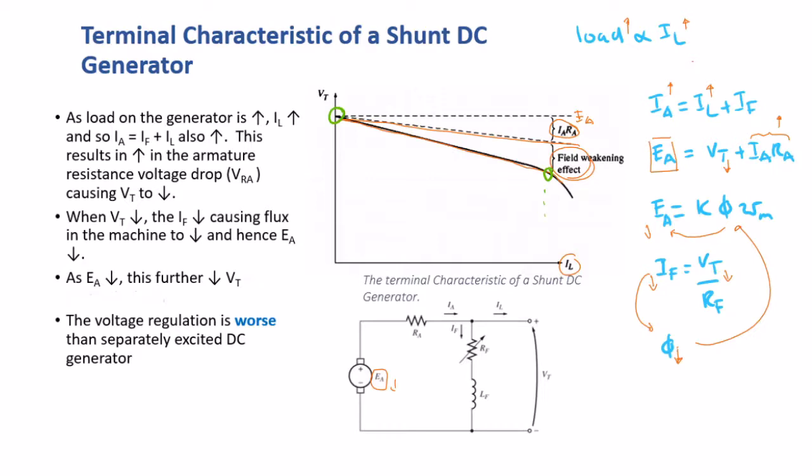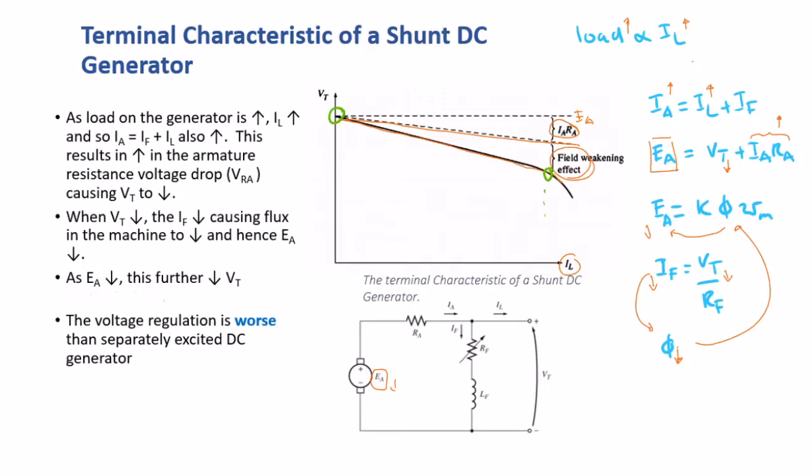So the field current will also decrease as the load is increased, and that's why the drop in the output voltage with the shunt DC generator is worse than the drop in VT for the separately excited DC generator.